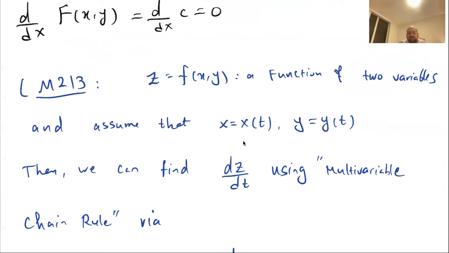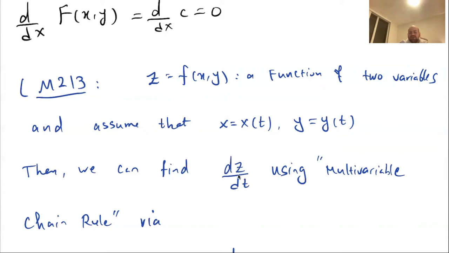If I substitute these two back into my equation, I will have z as a function of time only. So I can talk about dz/dt because z can be viewed as a function of t only.